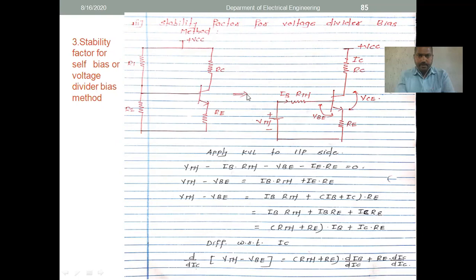All other things are the same in this configuration. This is done only for the purpose of analysis. In this circuit also we apply KVL to the input as well as the output, and calculate the values.